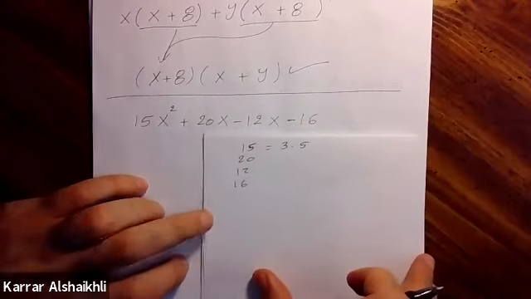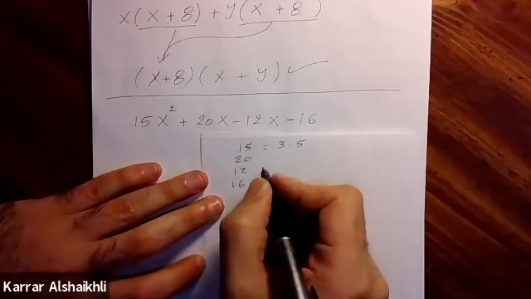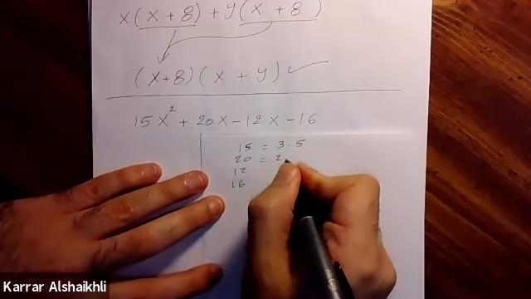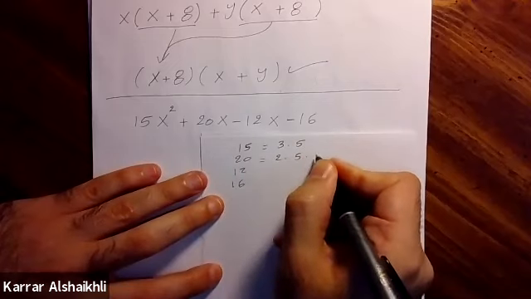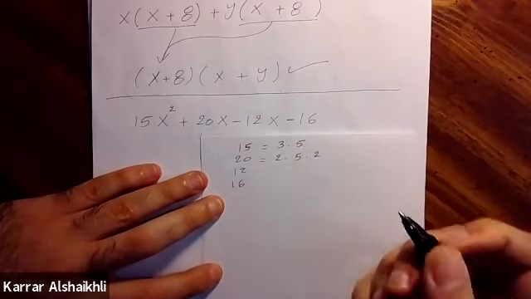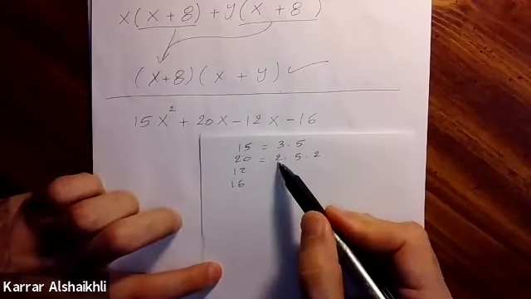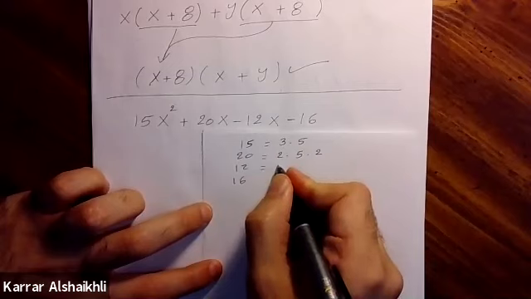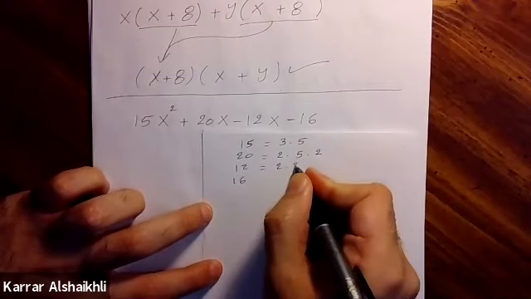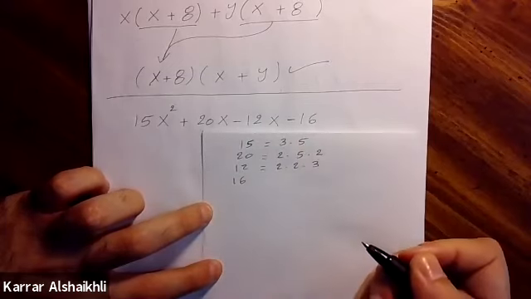See, I'm checking the numbers. The 20 is 2 times 5 times 2, because 10 times 2 is 20. The 12 is 2 times 2 times 3.